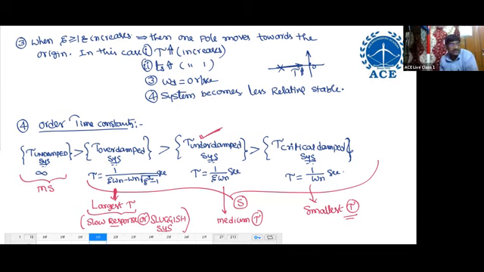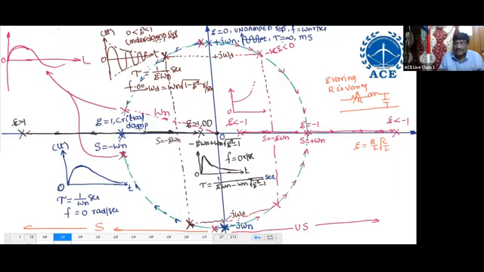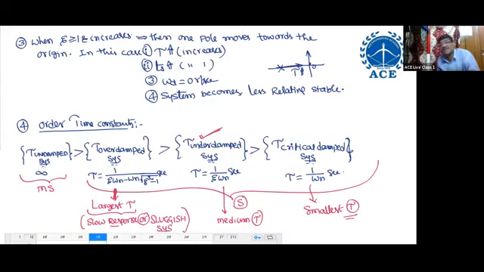Okay, next we have to start the unit step. Whatever theory and points we discussed from this diagram, these four conclusions, are valid for step response also. I am not going to discuss any more theory for the step response.